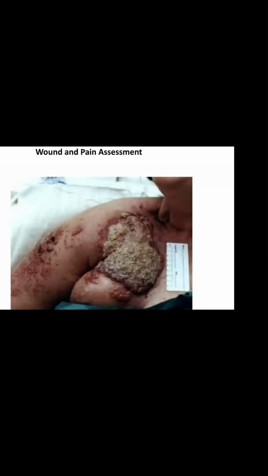Yes, because nodules are present. There is a possibility of blocking the lymph nodes. This wound is deep and near the axillary area.